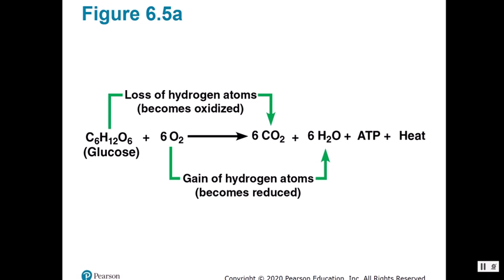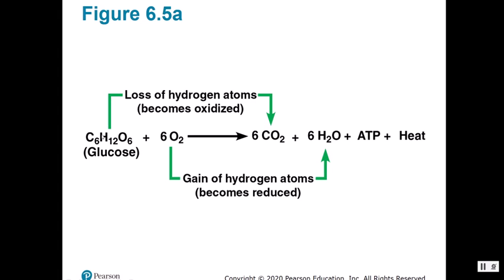This is showing the chemical reaction for cell respiration. Again, you start with glucose, C6H12O6, plus oxygen. Now, glucose is going to become oxidized. It's going to lose hydrogen electrons. Hydrogen atoms are electrons, negatively charged. It's going to lose them, and glucose actually becomes carbon dioxide. Look, C6H12O6.